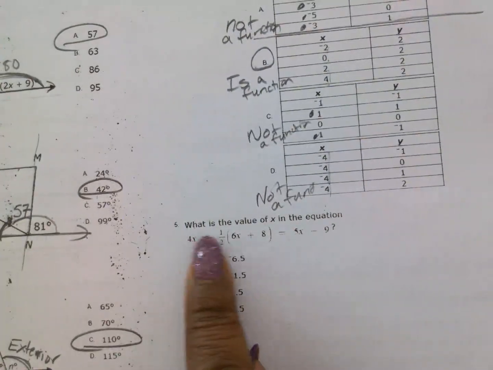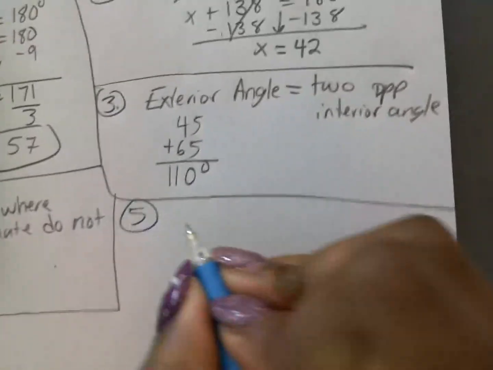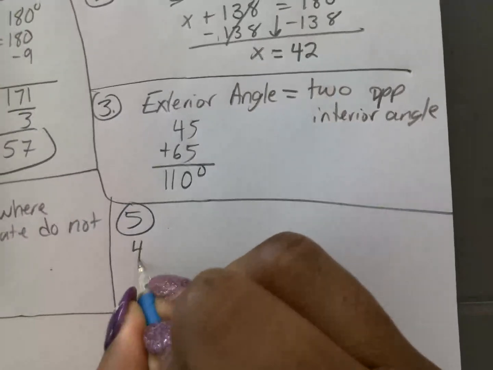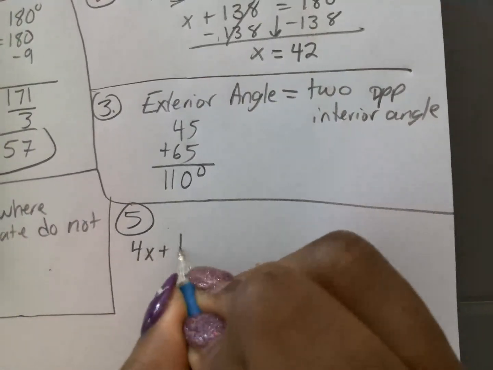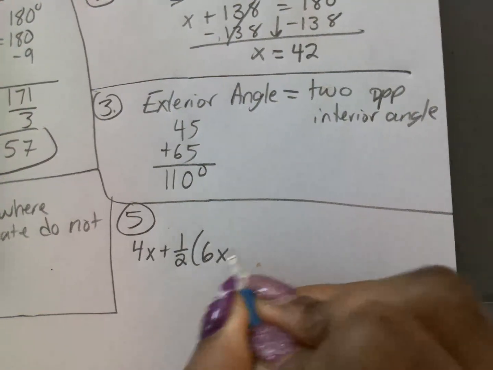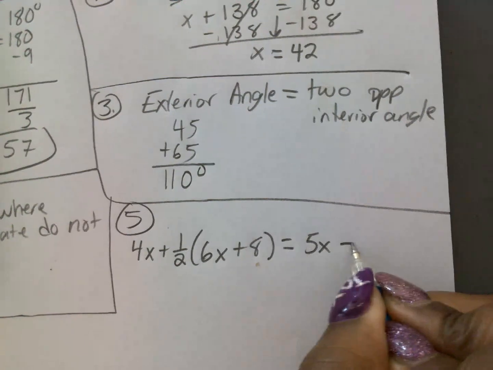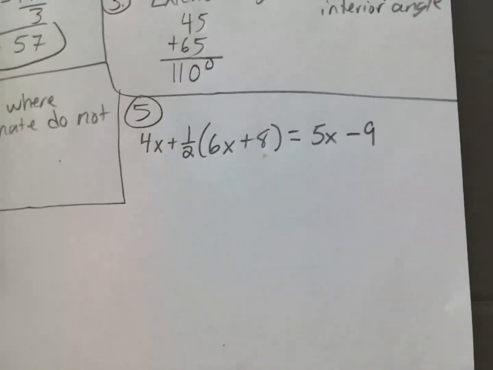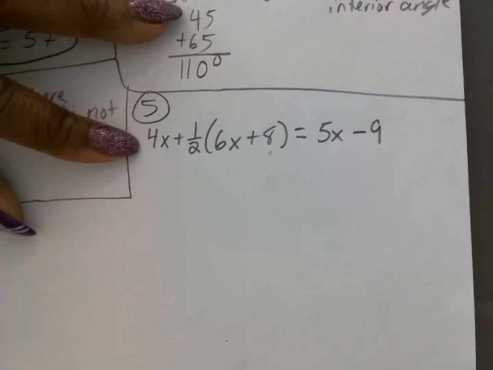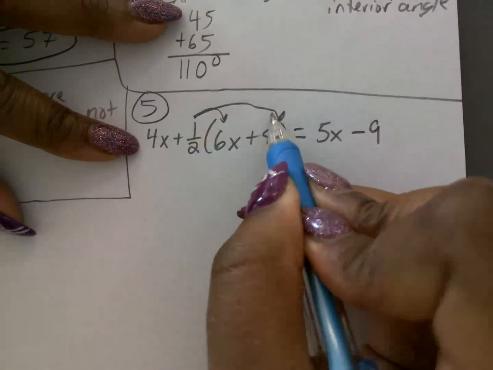Number 5. It says, what is the value of x? So we're going to write this equation down and solve. We have 4x plus 1/2 times (6x plus 8) is equal to 5x minus 9. First thing is the distributive property, so we're going to distribute the half.